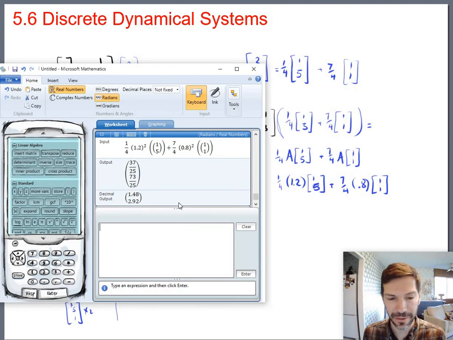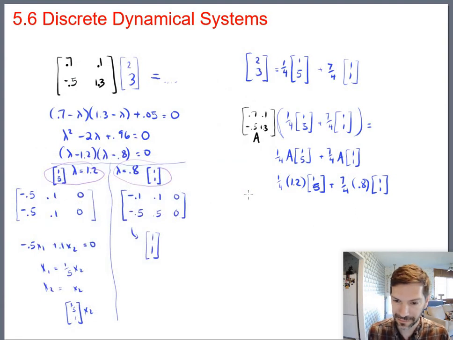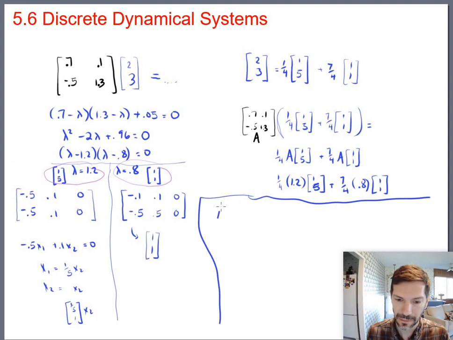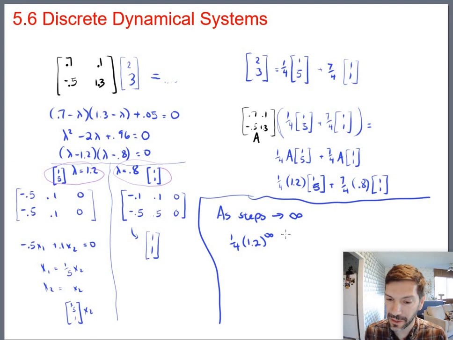now see what happens over the long run, essentially as x goes to infinity. Keep in mind, as x goes to infinity, that a term like 0.8, so maybe we should go back to here. As the number of steps approaches infinity, this is not really proper notation, but this is basically what's happening, right?